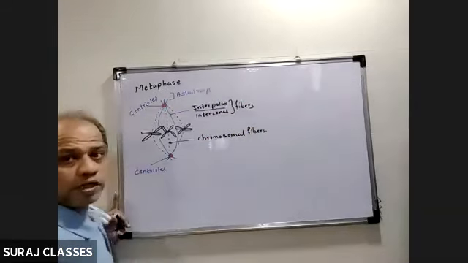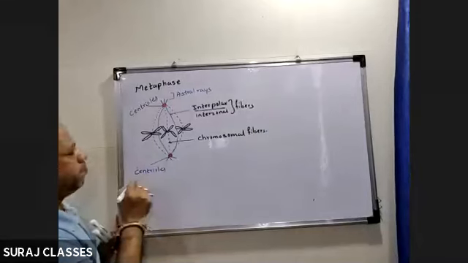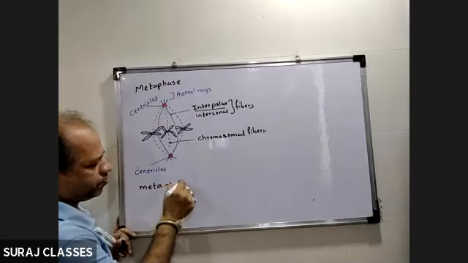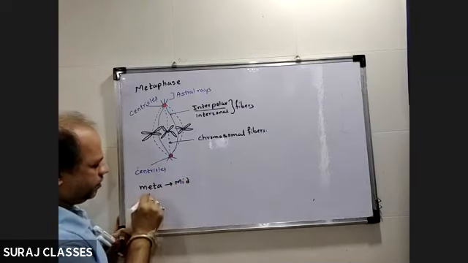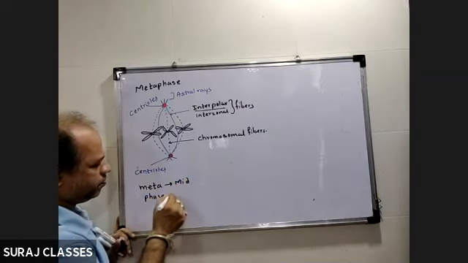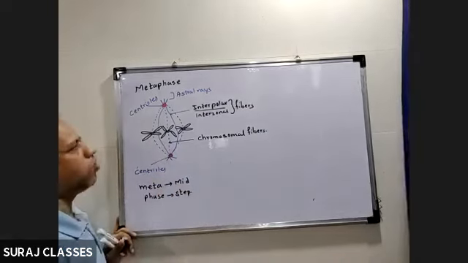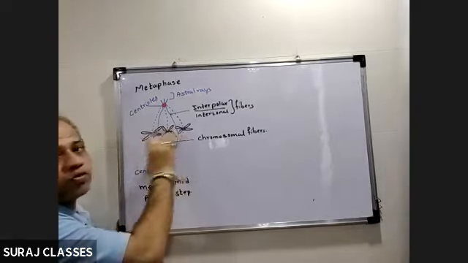So what you study in the metaphase: the word meta means mid, and phase means stage or step. So it is a mid phase where all the chromosomes appear in the equatorial plane.